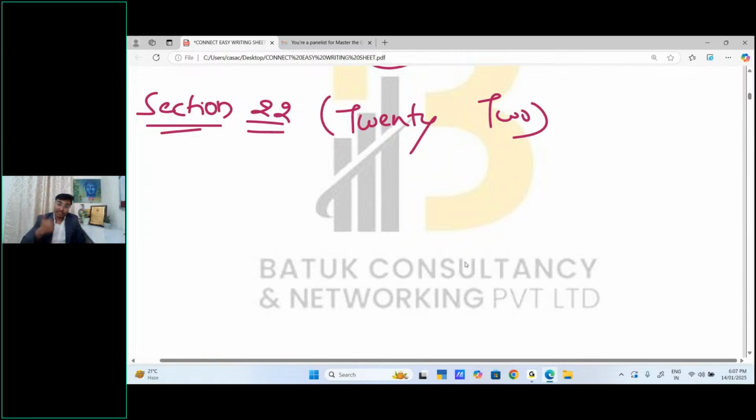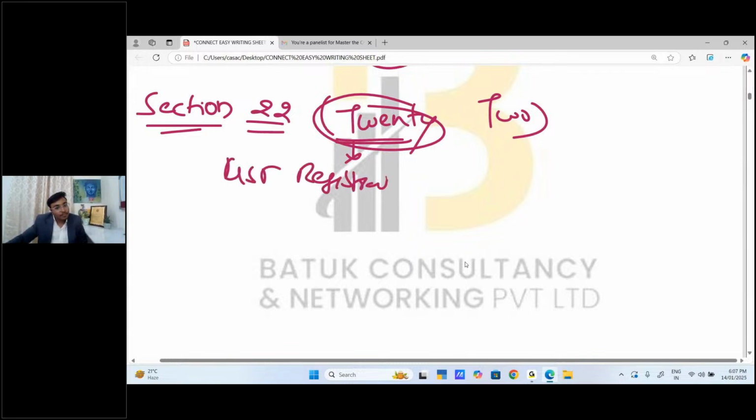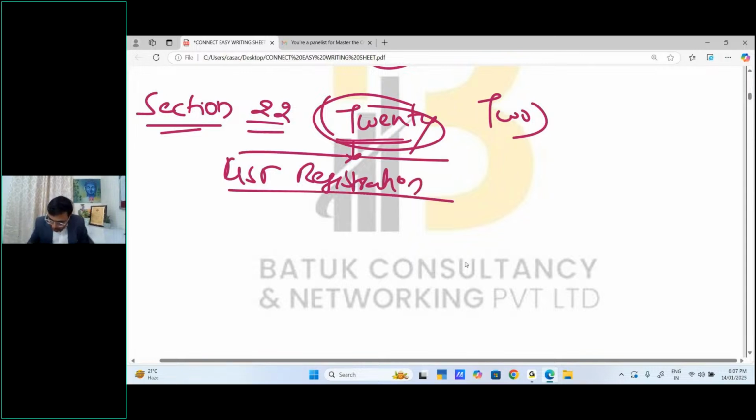So 20 is there, you just need to highlight the word 20. 20 is the limit to take the GST registration, and under section number 22 government has prescribed GST registration. So this section number 22 is related to GST registration. Section 22(20) is the limit to take the GST registration.